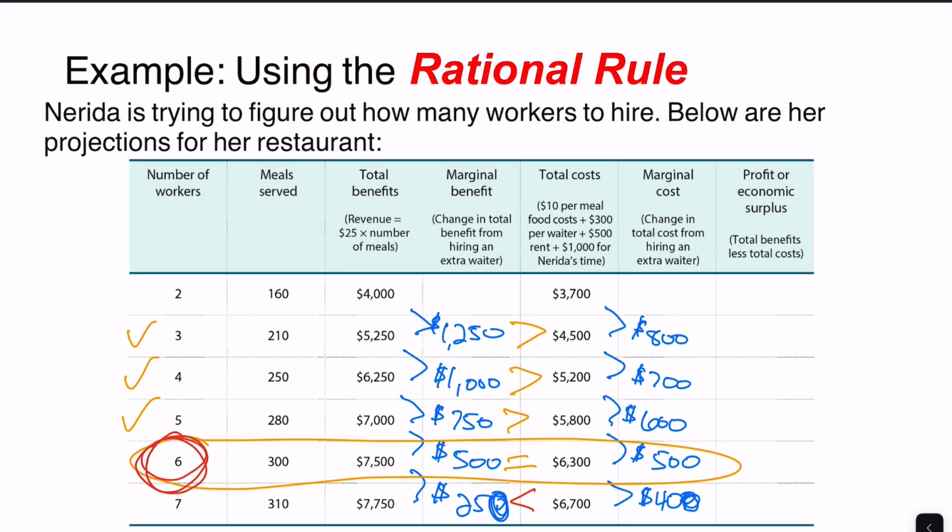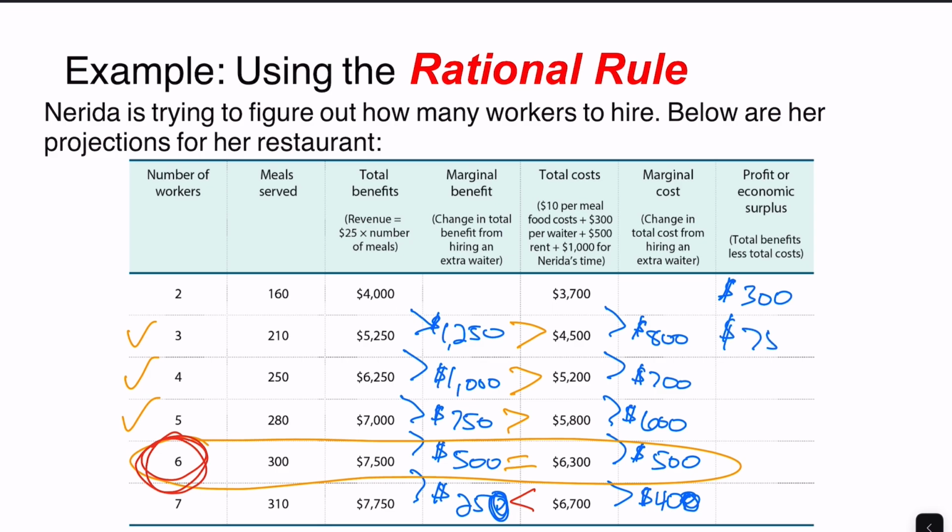In this case, our profits are the economic surplus of this profit maximizing firm, Narita, in her restaurant. To convince you that we're actually maximizing our profit, I'm going to take the total benefit column minus the total cost column, and you can say this is profits or our economic surplus. For the second worker, Narita would get $300 in profit.